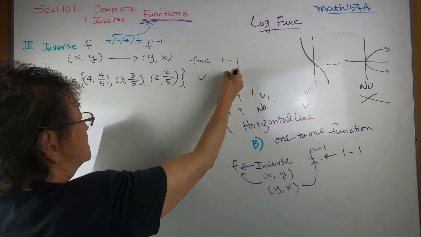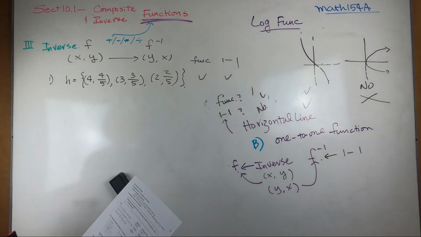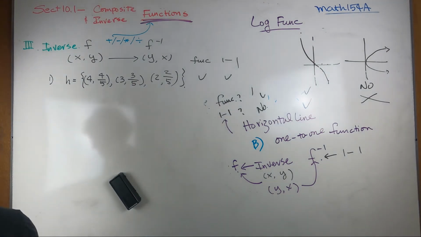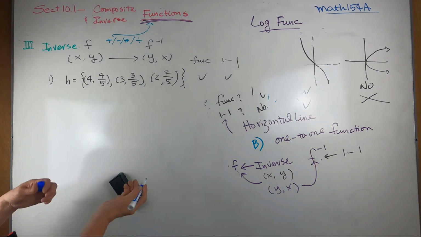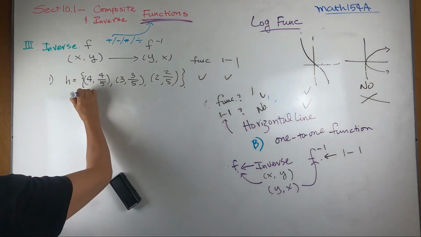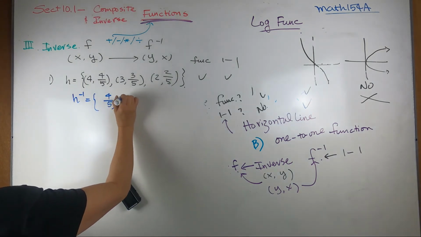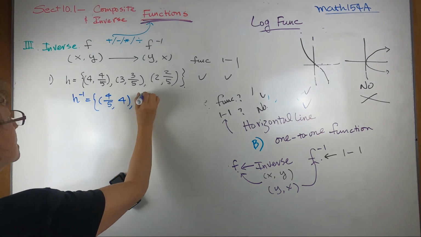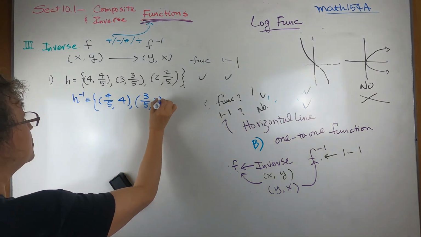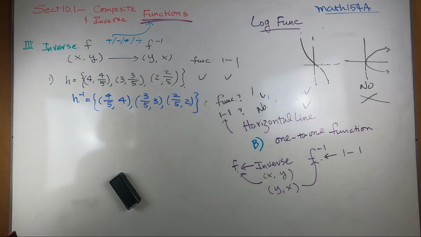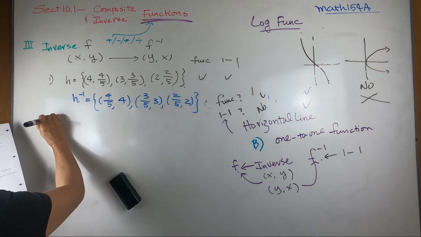Is this 1-to-1? Yes. Okay, then what's your inverse? Reverse x and y's. So your inverse function would be this way. 4/5 maps to 4, 3/5 to 3, 2/5 to 2. That's its inverse, right?